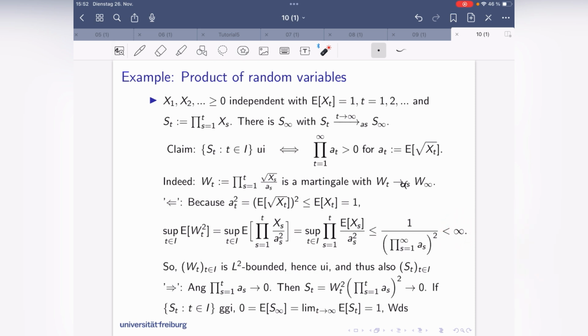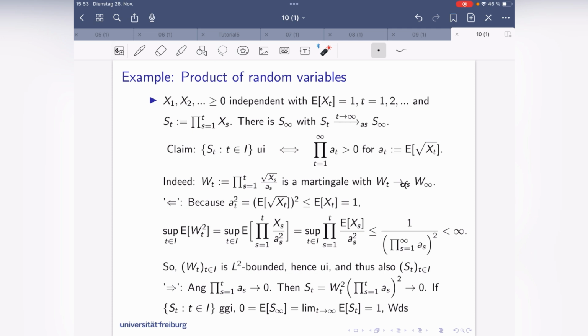Why is it finite? Okay, W_t square, I have the square of the square root, which is X_s itself, and a_s square is this thing here. The expectation of X_s is 1. Okay, that's easy. Or they're independent, so I can make that the expectation of the product is the product of the expectations. And in the denominator, I have this product here.